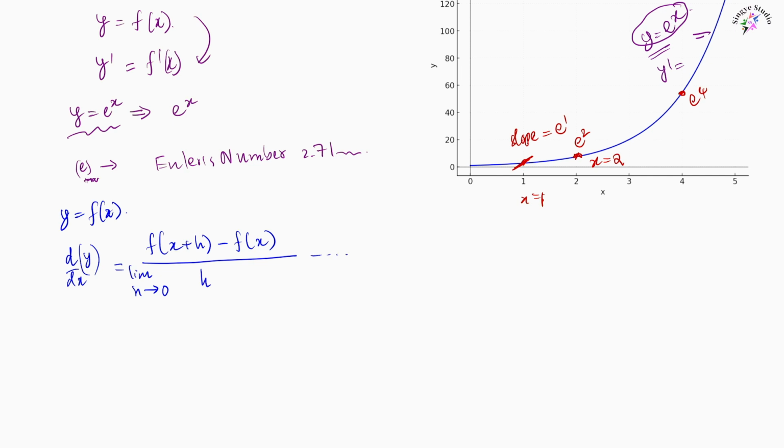This is the definition of the derivative from the first principle. By using this, let's prove that the derivative of the function e raised to x is itself, e raised to x.